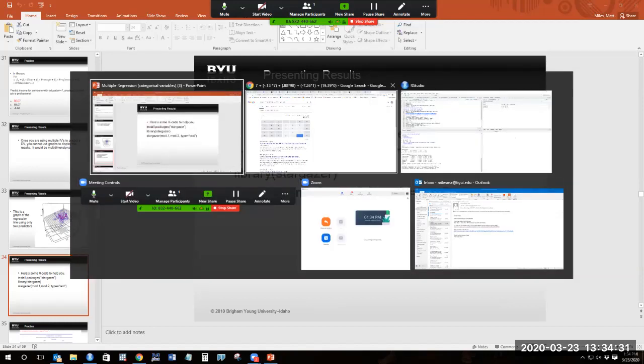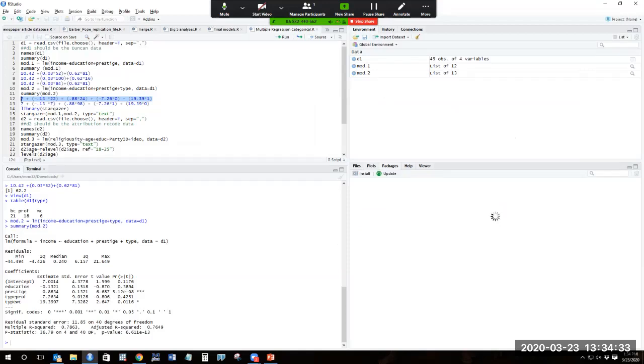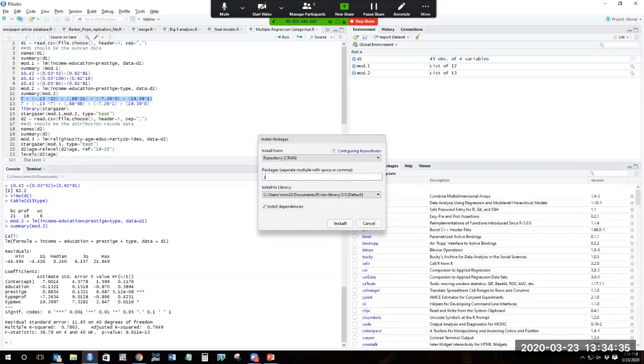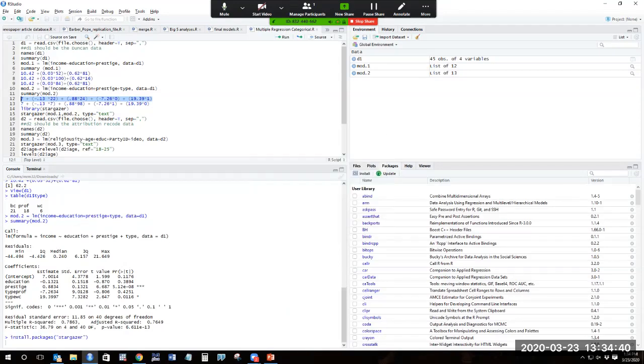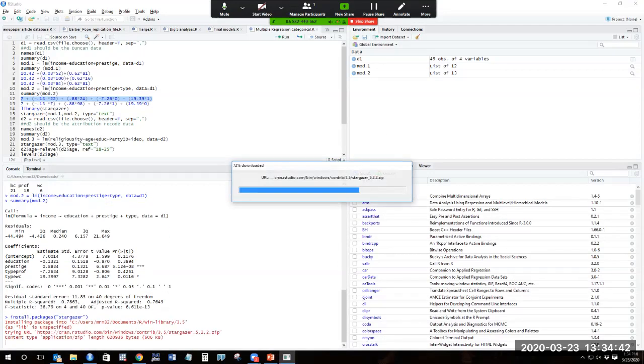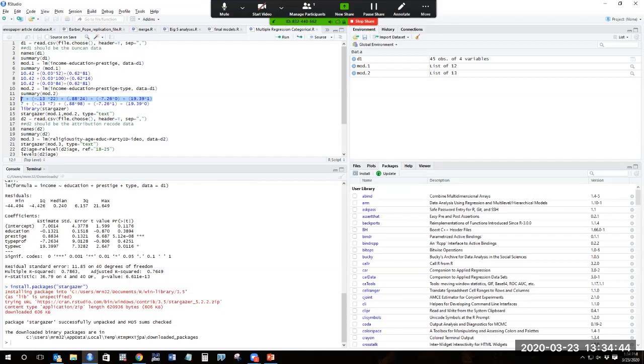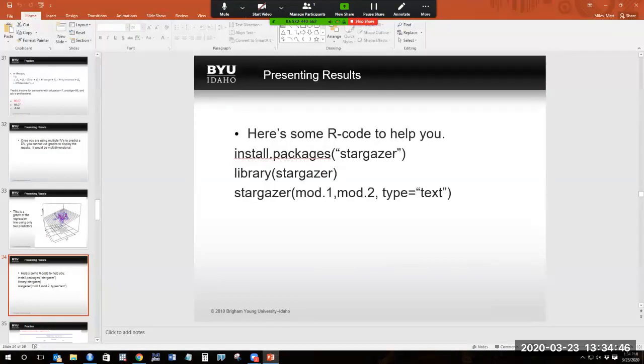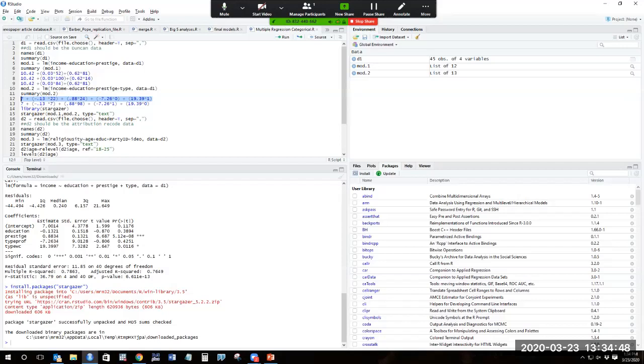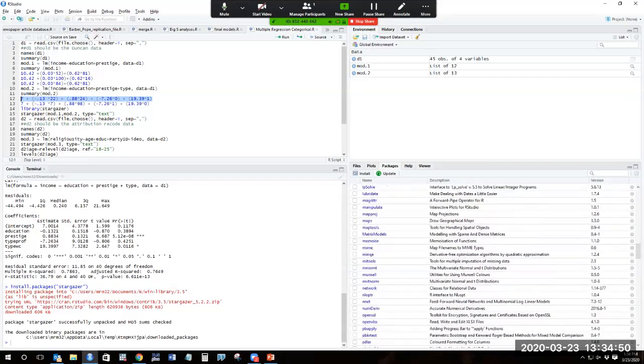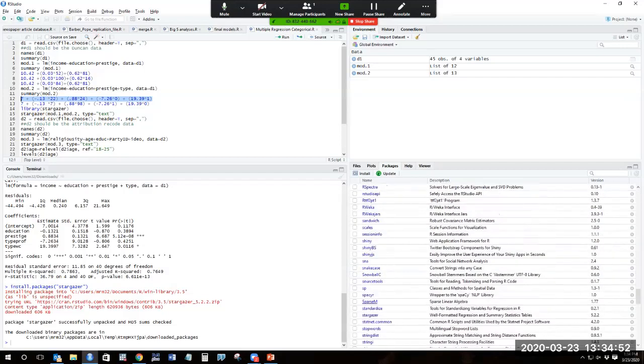So I'll show you. There's a number of ways you can install it. I can just go to packages and go install and start typing in Stargazer, and then it'll install it. Or I can run this code right there that says install.packages Stargazer. Then you have to load it in. You can either just check the box right here on Stargazer. I have lots of packages.